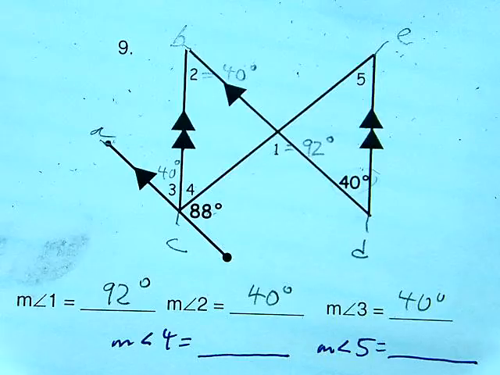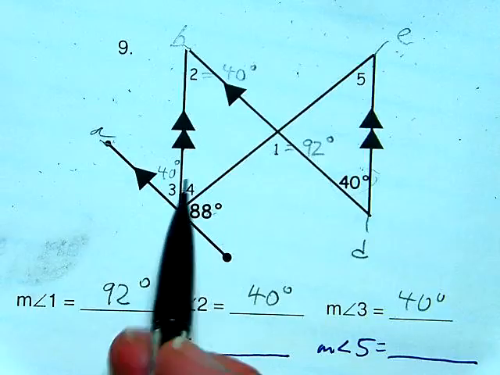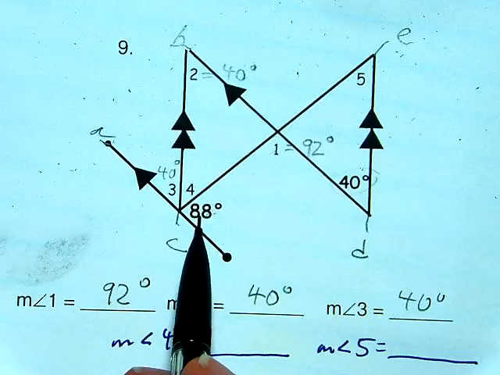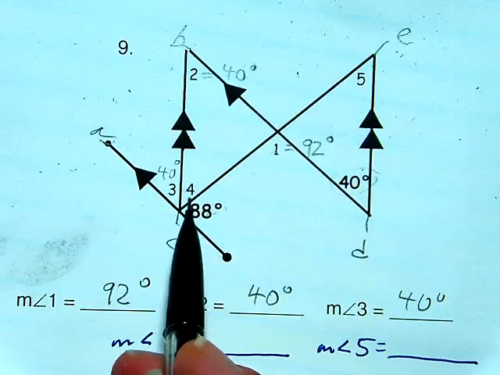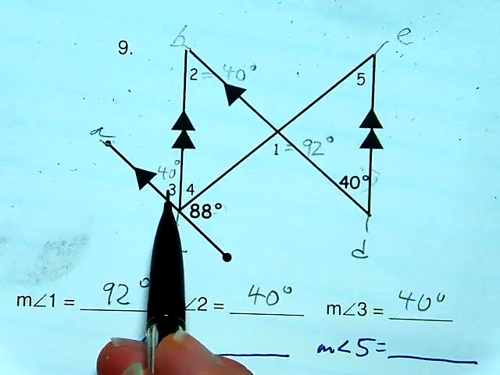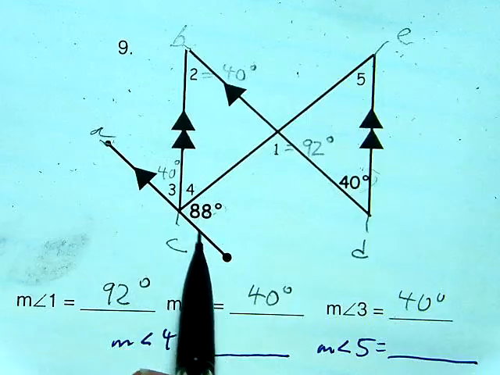Okay. Well, how could we figure out angle 4? There are a couple of ways. I'm going to show you one way, and then I'm going to discuss a different way. Notice that angle 88 degrees here, plus the measure of angle 4, plus the measure of angle 3, all have to add up to a straight angle, right? They're all creating a straight angle.